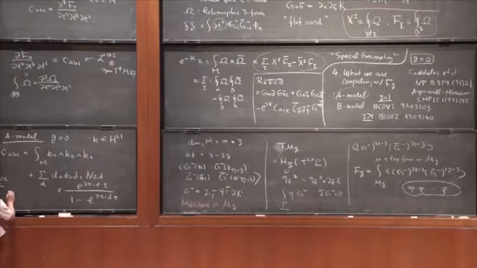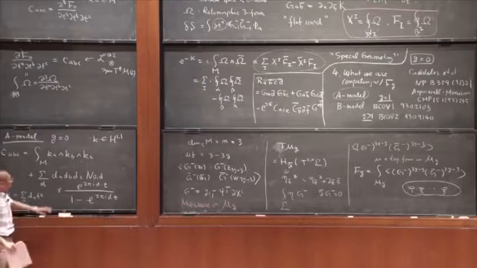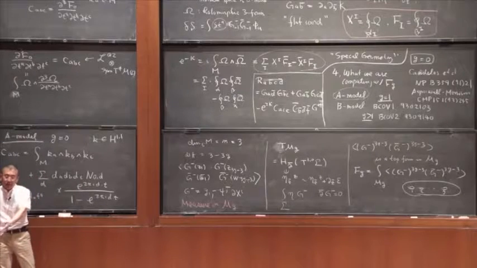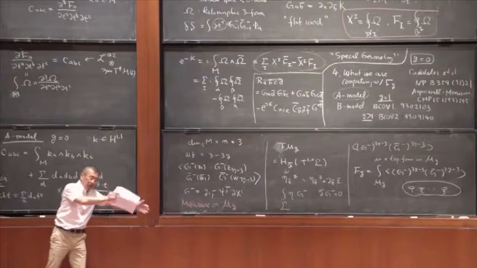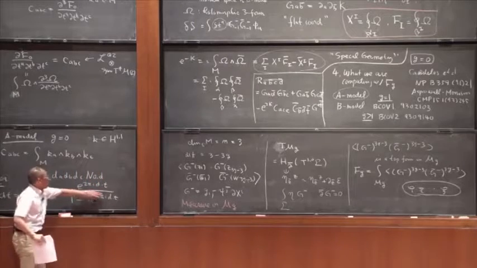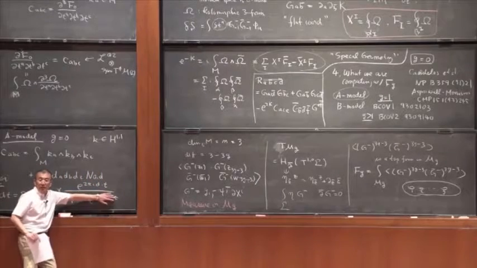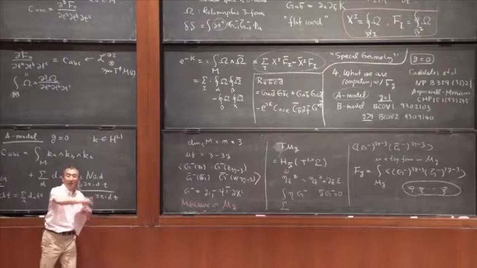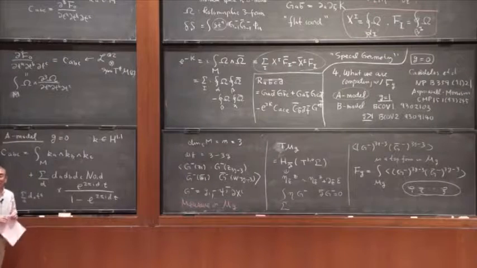And so this D times T is basically just the sum of D_A T_A, right? If you have simply a map from the Riemann sphere to the Calabi-Yau manifold, then you just have this map. But it turns out that if you have one such map, then you can wrap it around many times, so you have the effect of multi-covering.